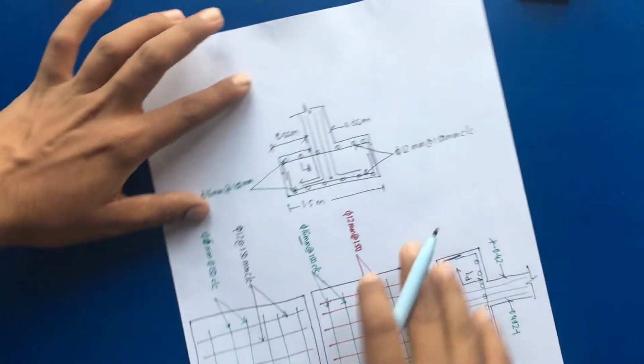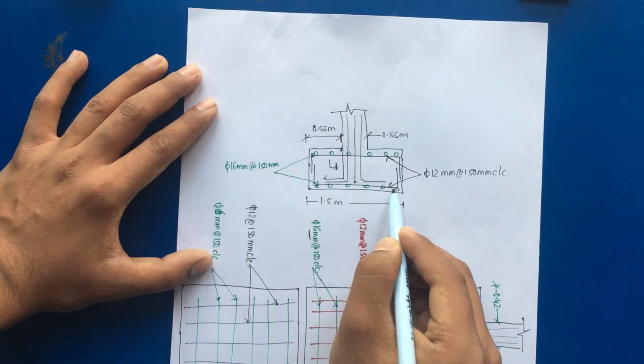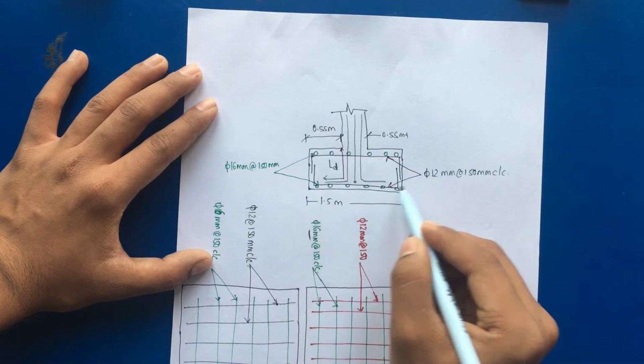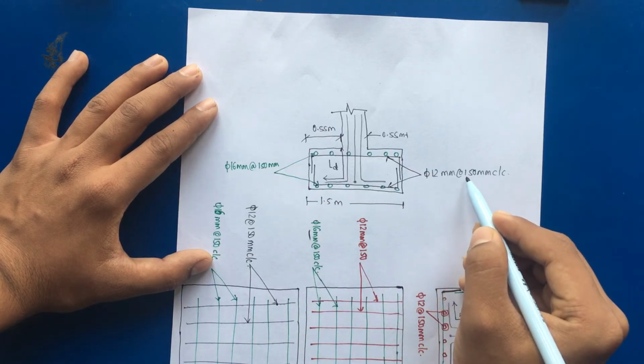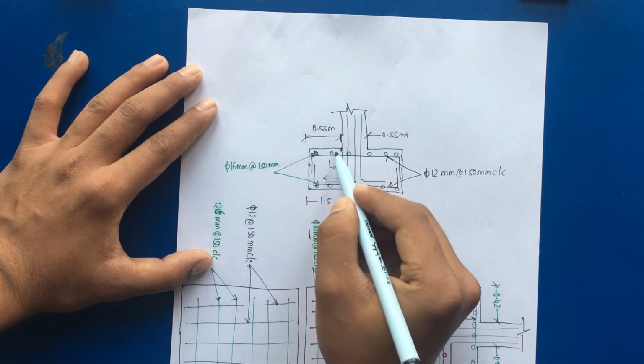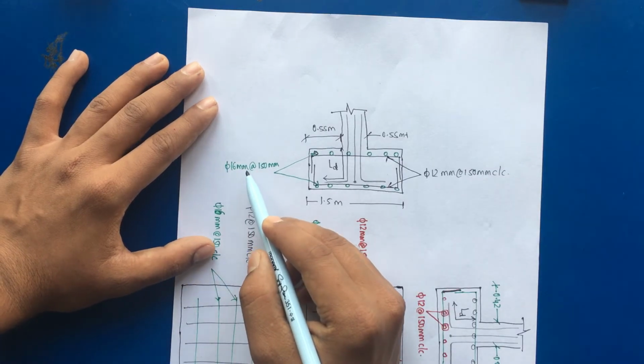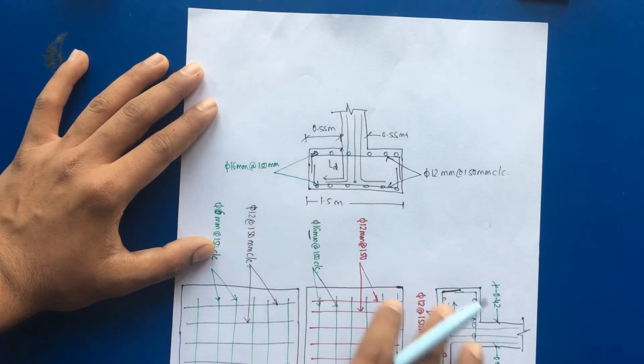In this view also, the black line represents the nominal reinforcement, which is 5 12 at 150 mm center to center spacing, and the green circles represent the main longitudinal reinforcement, which is 5 16 mm at 150 mm center to center spacing.